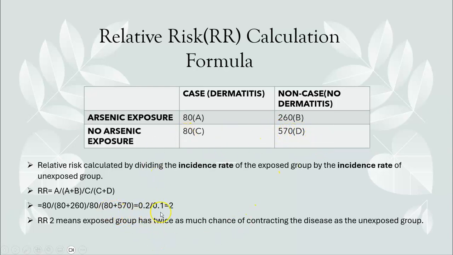If we do that, the ratio gives a result of 2. That means a relative risk of 2: the exposed group has twice as much chance of contracting the disease as the unexposed group.